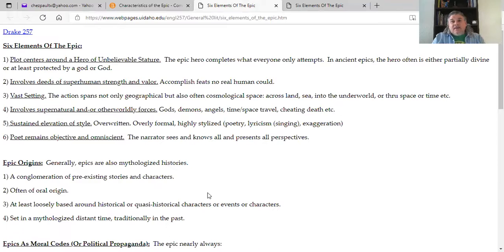Vast setting. Obviously any Western is going to have a vast setting, so certainly Unforgiven does as well. So we can check that box. Involves supernatural or otherworldly forces. Now this one you would say, well, here we go, you can't check this box. And I would say, well, I think our film does have a supernatural force that is influencing the behavior of some of the characters.